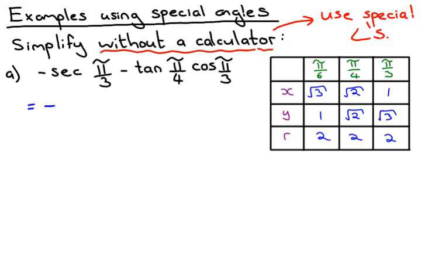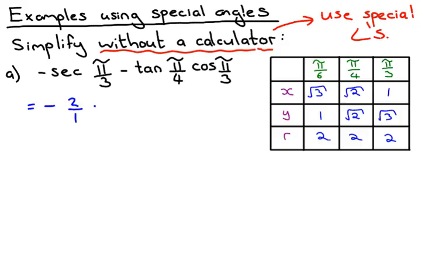Now go back, sec is the reciprocal of cos. Cos is x over r, so this will be r over x, which in this case is 2 over 1. So I've got 2 over 1.